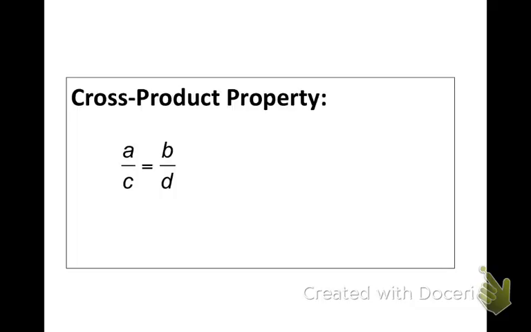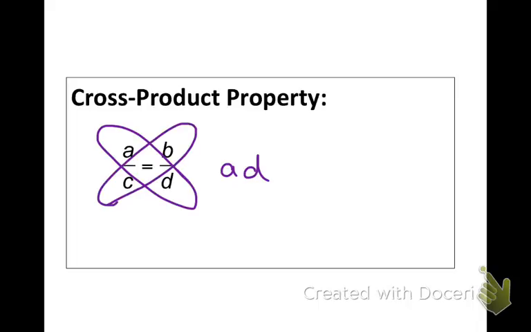A times D equals C times B. Right, so your cross product, that would be one cross product that I circled there. So it would be A times D, which would just be AD. Your other cross product would be B times C, or just BC.